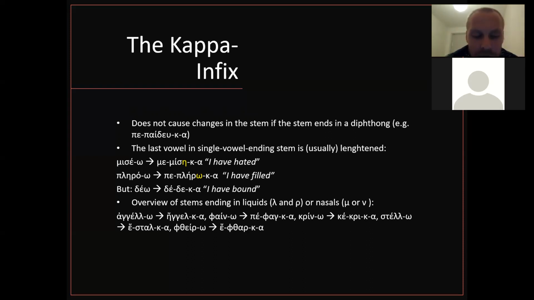However, if the root of the verb ends in a single vowel, this stem-ending vowel is usually, but not always, lengthened before the perfect Kappa Infix, as we can see in the verb miseo, I hate, the active indicative perfect form of which is memiseka, as well as in plero, I fill, which becomes pepleroka in the active perfect.